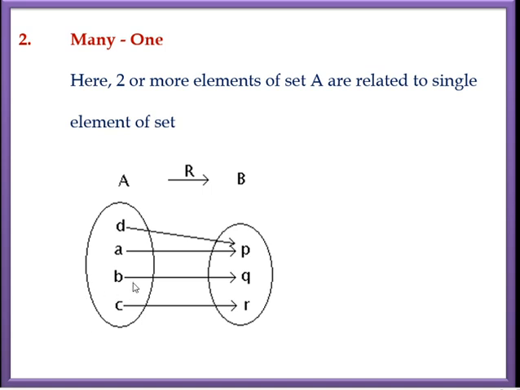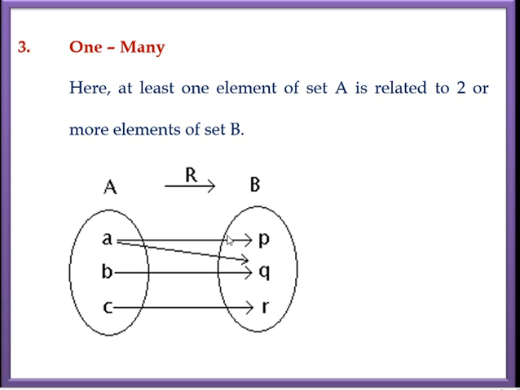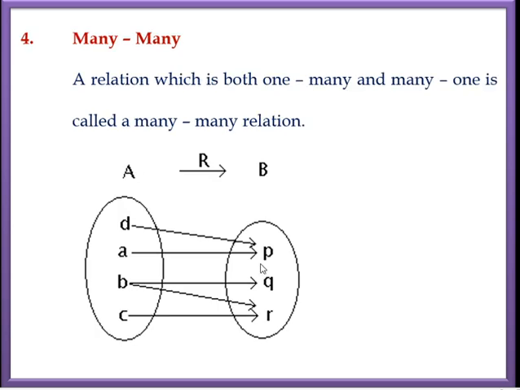In set language, many means more than one. So many associated with one. One-many means one associated with more than one. That is many. And finally, many-many. Why many-many? Because here you will notice that one is associated with many and many elements are associated with one.